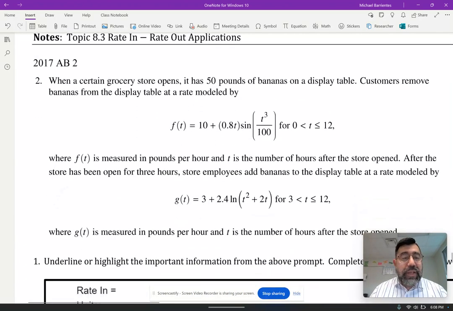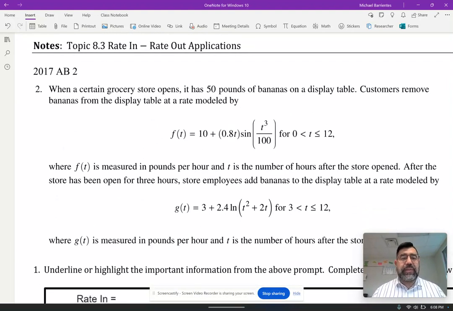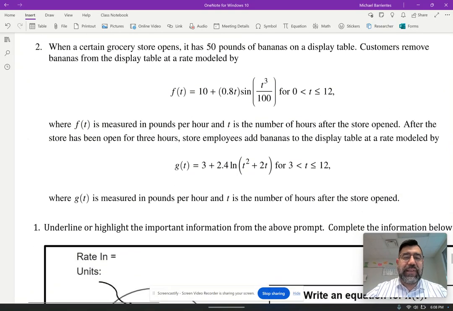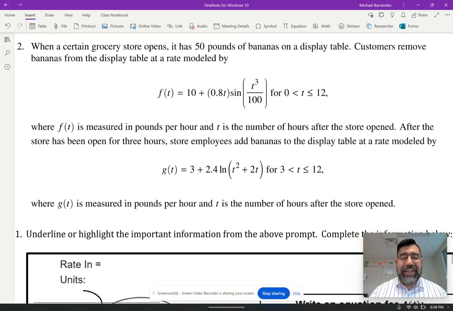And so Brian calls this rate in, rate out applications. And more, we're starting to see in recent years the addition of these types of problems. So let's read the situation first, and then we'll map things out and make sure we understand what's going on. When a certain grocery store opens, it has 50 pounds of bananas on a display table. Customers remove bananas from the display table at a rate modeled by f of t equals that function.